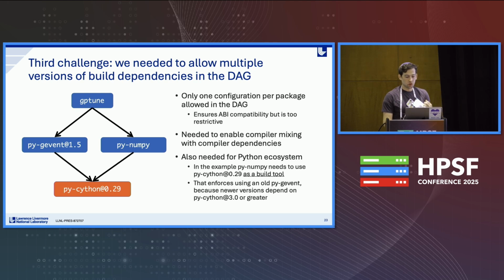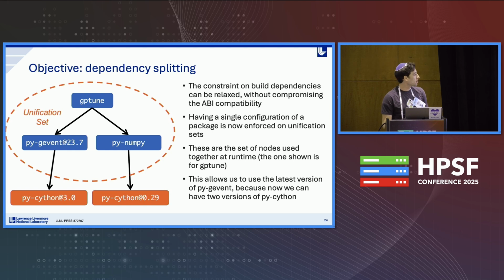So the objective is to look at this and say, well, okay, if these are build dependencies, there's no need to unify those, right? For link dependencies and run dependencies, there's a unification constraint based on either the loader, which is you get a loader race otherwise, or with run dependencies, there's a namespacing problem. If you stick everything in your path and you call the name, you need to know which one you're going to call.